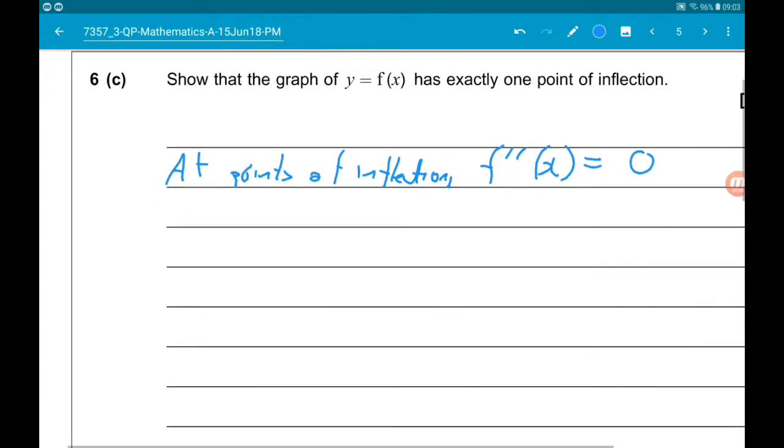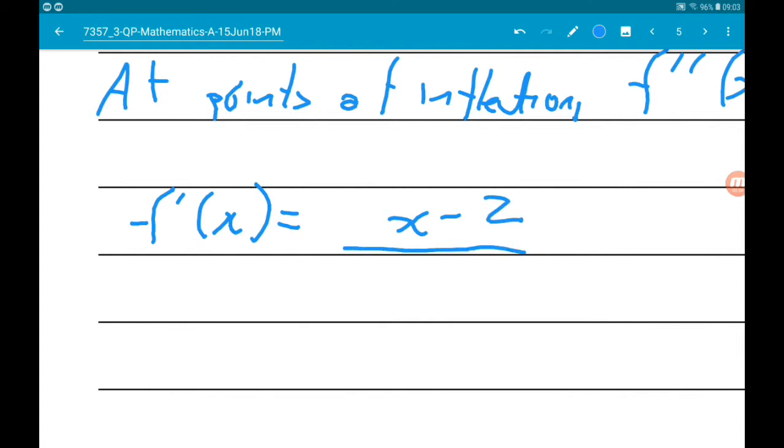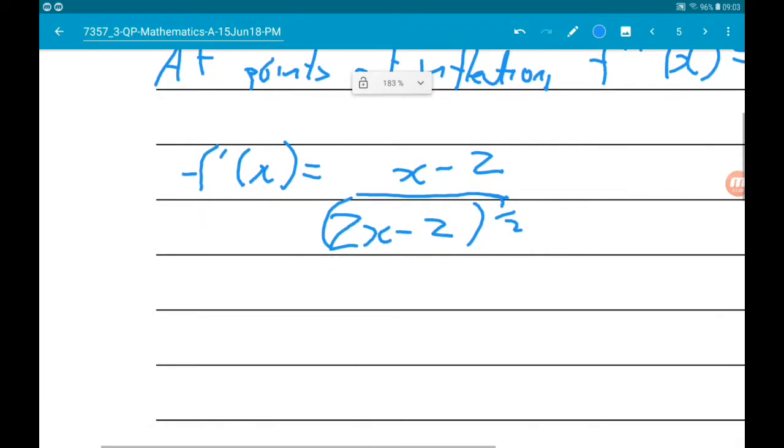So we know that f dash of x was x minus 2 over 2x minus 2 to the 3 halves. So now we're differentiating this.